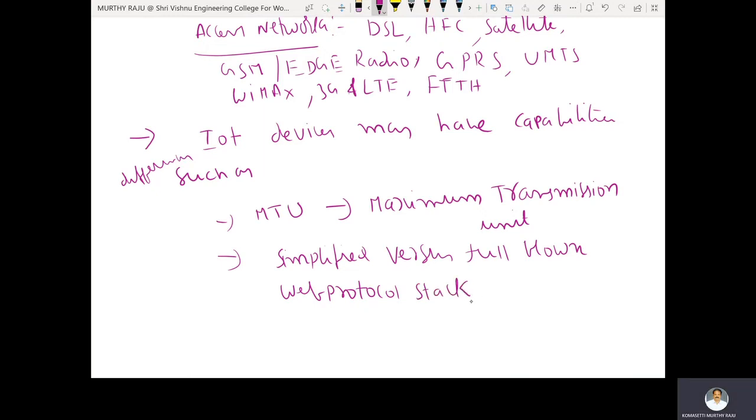Here, constrained CoAP, the constrained application protocol, uses UDP services, and HTTP, hypertext transmission protocol, uses TCP.